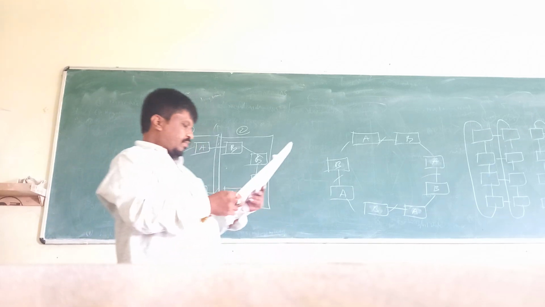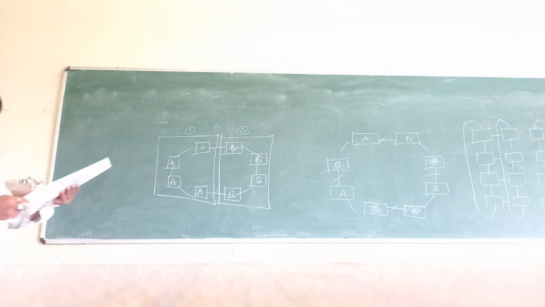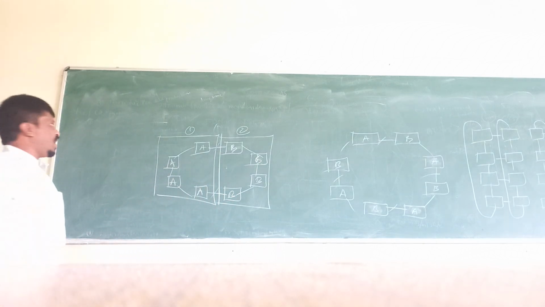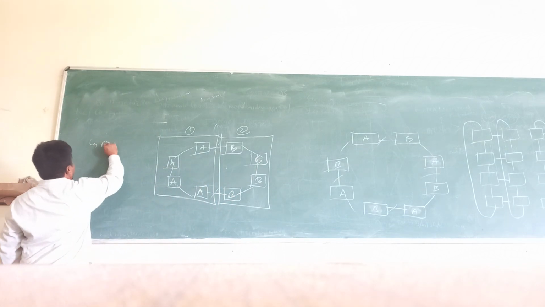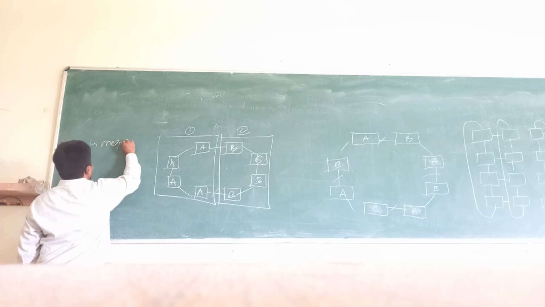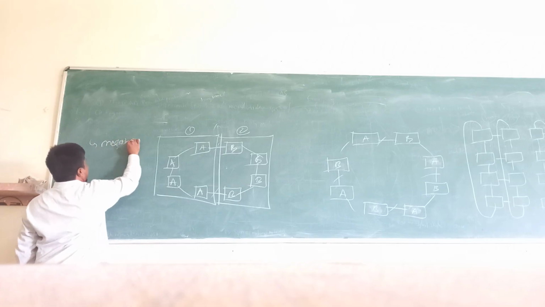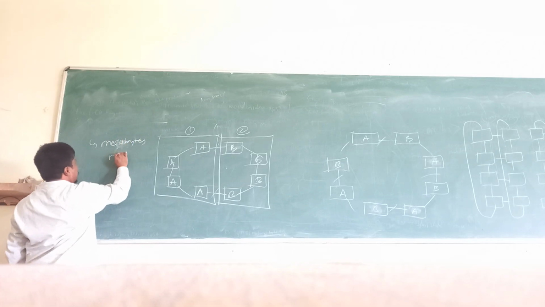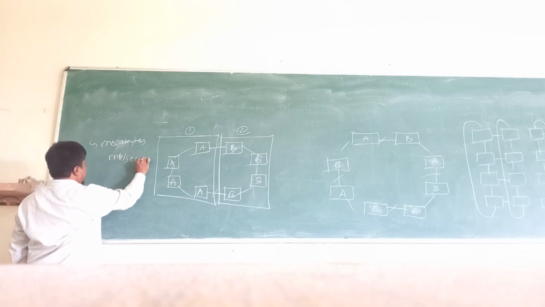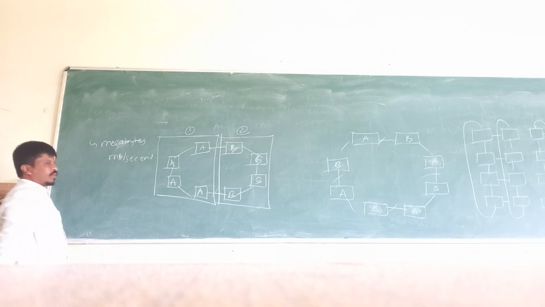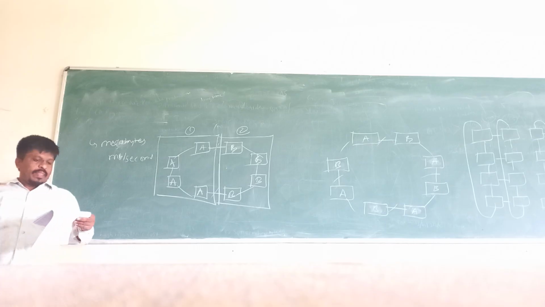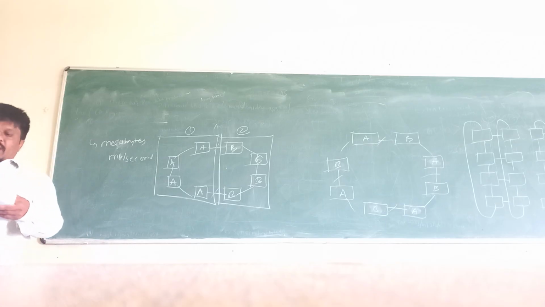Bandwidth of the link array is usually given in megabytes per second, MB per second. The bisection bandwidth is usually given as a measure of the network quality.